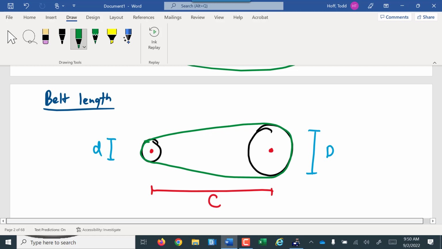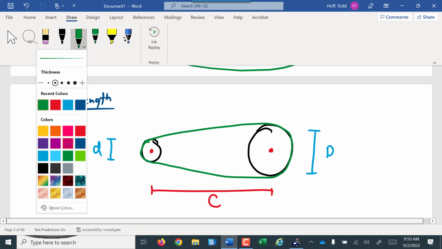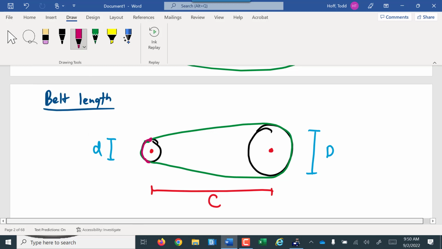So there's really three main factors here. The first is the part that's in contact with the pulleys. This part here and this part over here. Well, that is approximately, if the pulleys are about the same size, half of the distance around each of the pulleys.